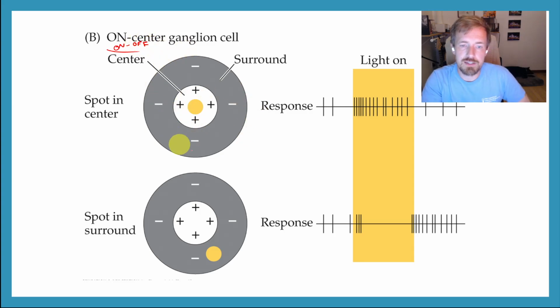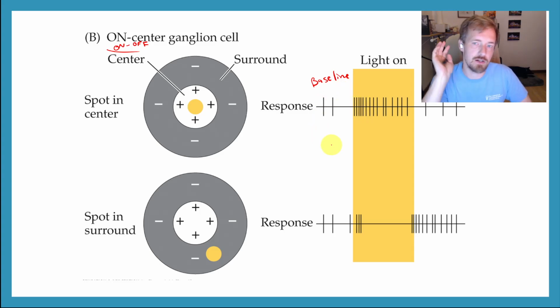And so this cell right here, if it's getting activation from cells saying, hey, light is right here, you can see how that changes this particular cell's response. It goes from a baseline where it's naturally firing a signal every now and again, on its own. Then whenever light is presented right here, now it's firing a lot.